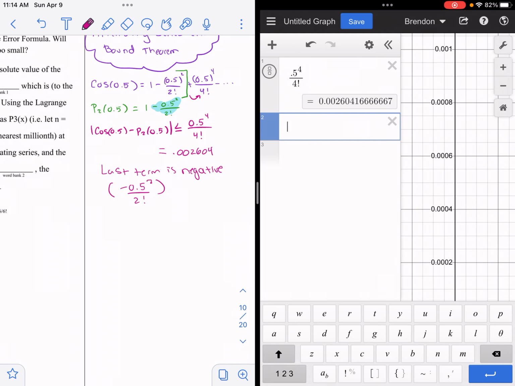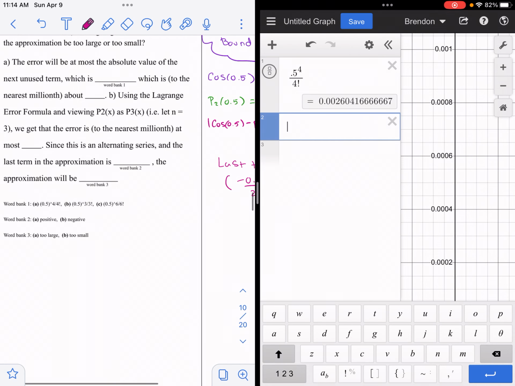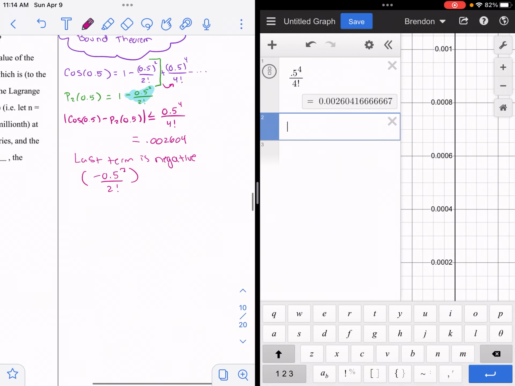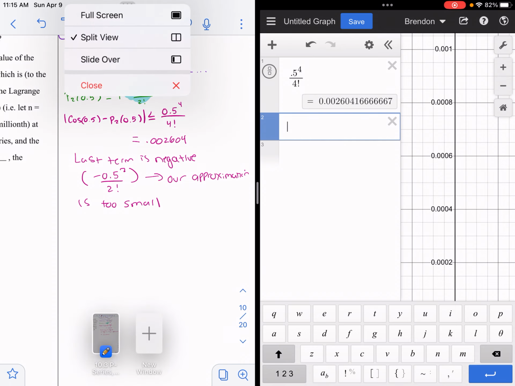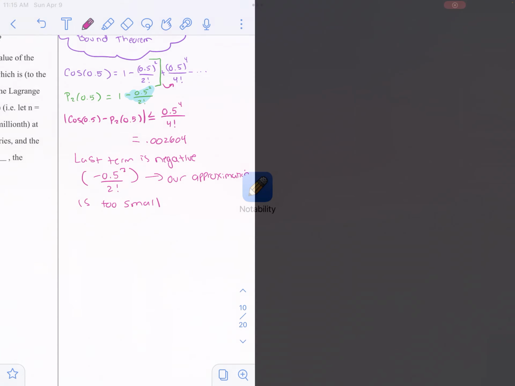So that must mean that it will be too small. Okay, we under-approximated.